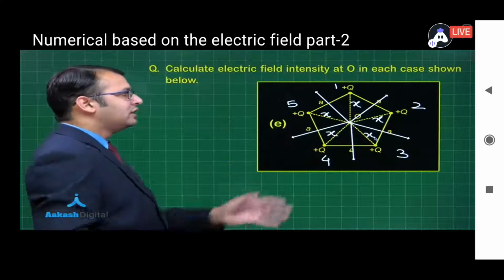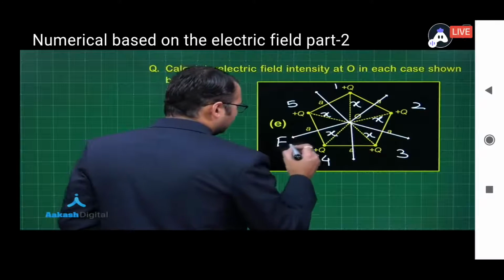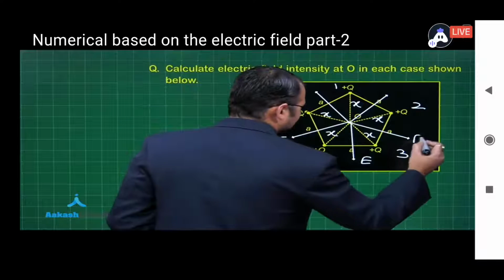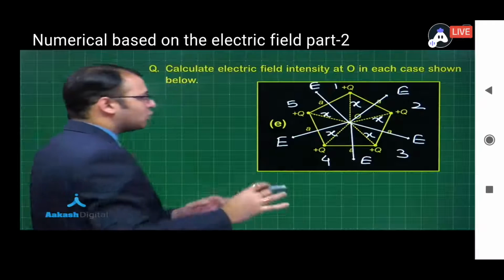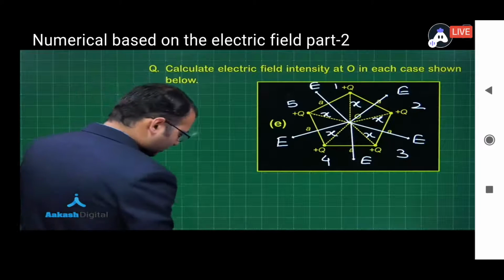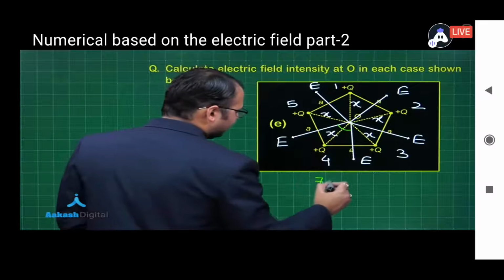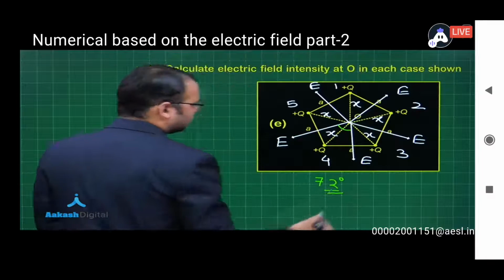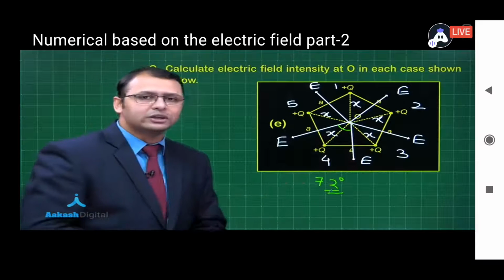All the values of inner lengths will be x. Now, by this I know that this is the electric field E, this is E, this is E, this is E, and this is E. Now let's talk about the degrees. You will know that this would be 72 degrees, right? That is 360 divided by 5, and every angle is 72 degrees here.